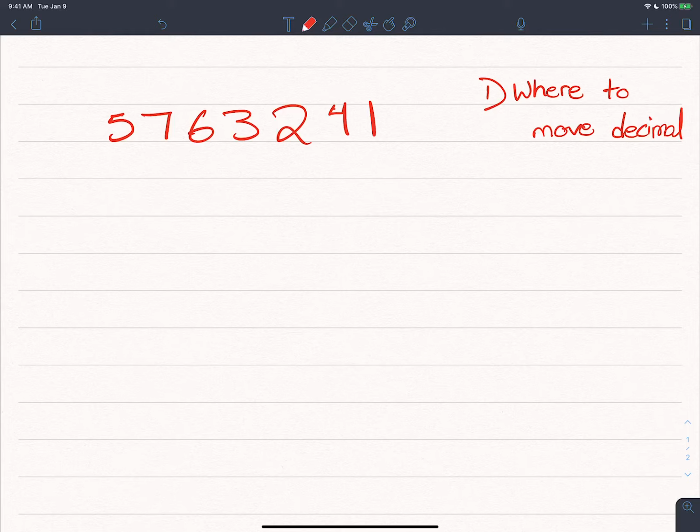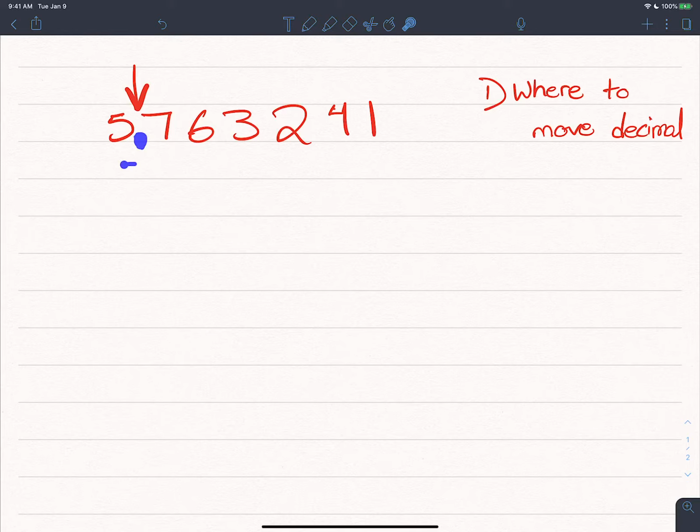Now, for something to be in scientific notation, we want only one non-zero digit to the left of the decimal point. So where could we put the decimal point in this number so that only one non-zero digit was to the left of the decimal point? If we somehow were able to move our decimal point right here, what would be the digit that's to the left of it?